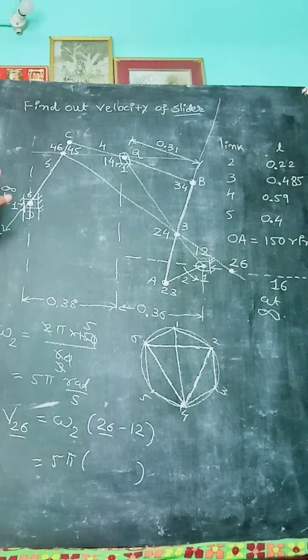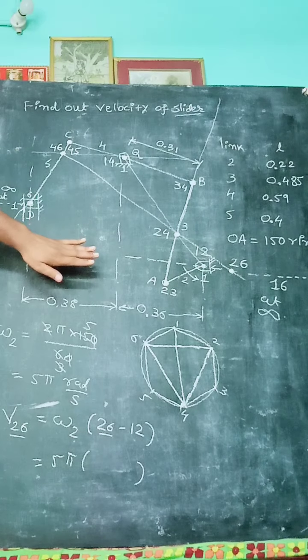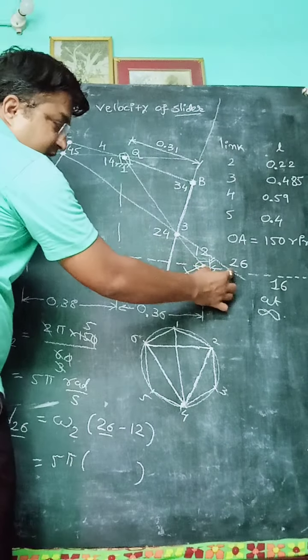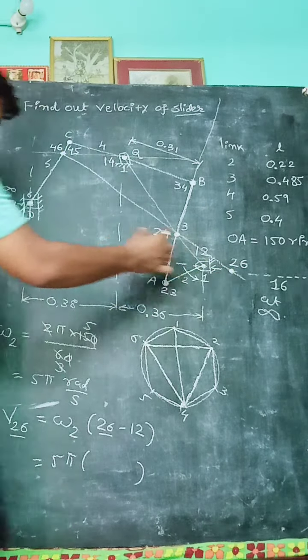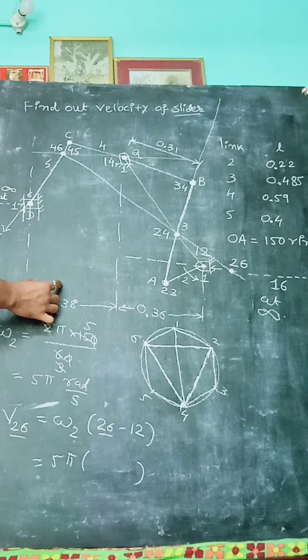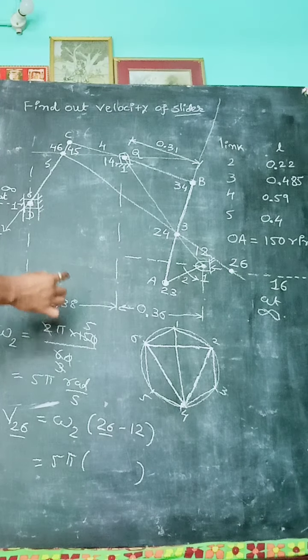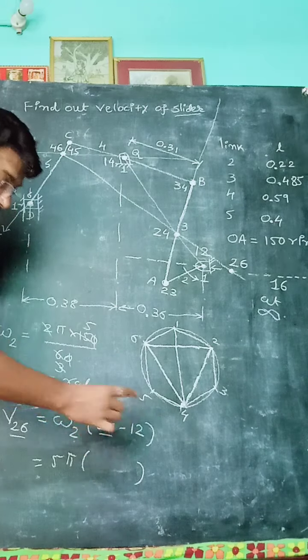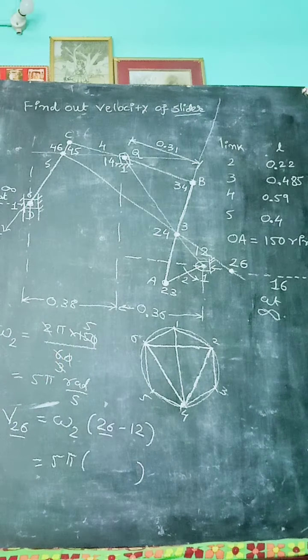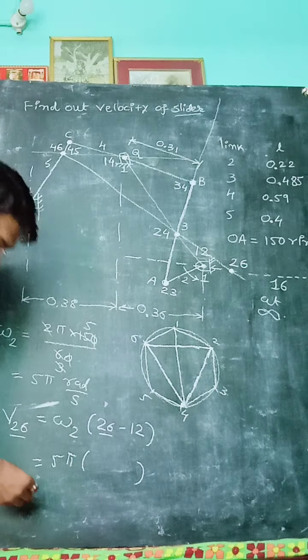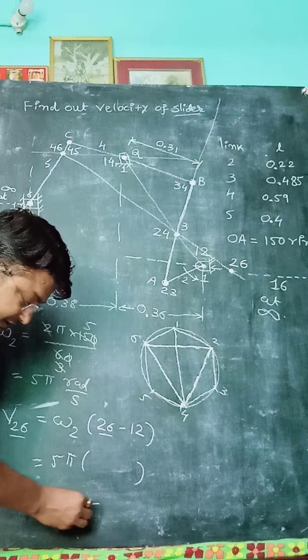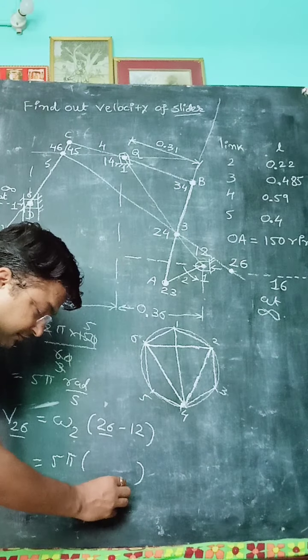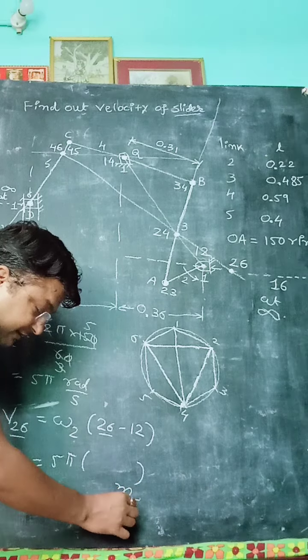Suppose to draw this entire configuration diagram you have taken some scale. Firstly measure this, bring it to the scale and come out with the actual value and put it here. Multiply it with pi.